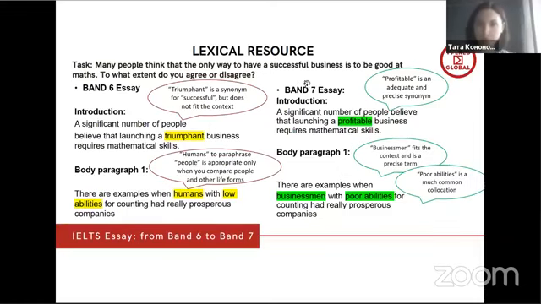As for collocations, if the author were aware of the collocations and how often they're used, he or she would definitely know that it's more common to say poor abilities and not low abilities.